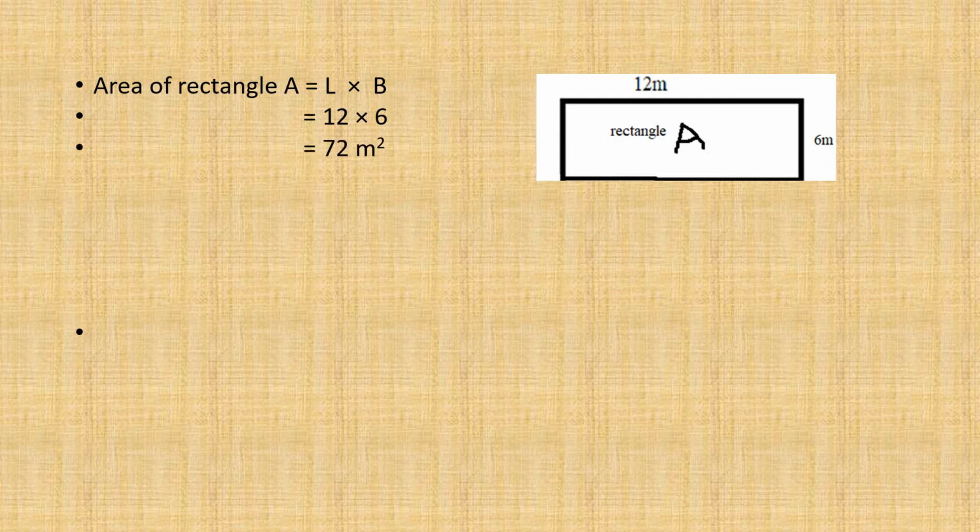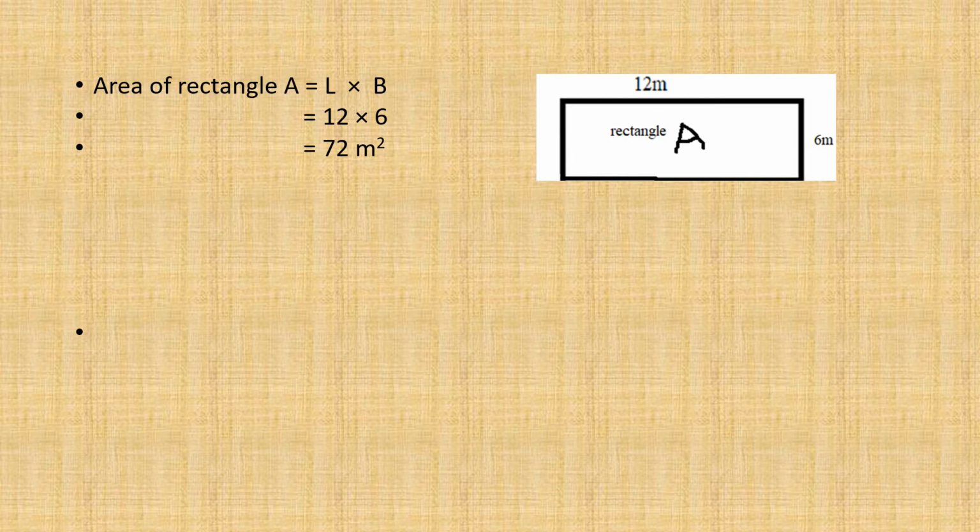So we'll now calculate the area of the first rectangle. Remember, we said area of a rectangle is length times breadth. Since the length is 12 meters and the breadth is 6 meters, the area is 12 times 6, which is equal to 72 square meters.